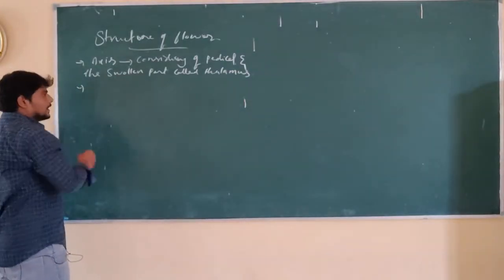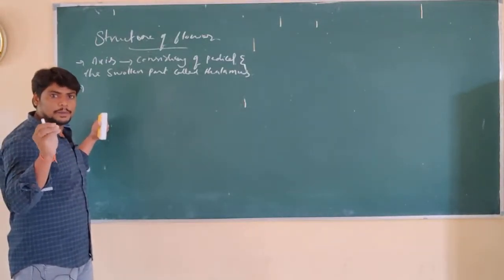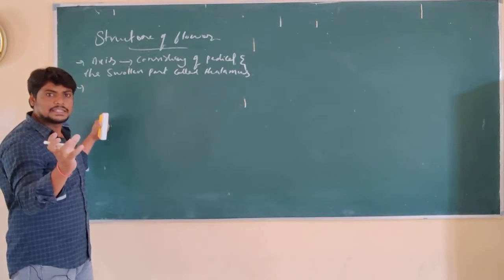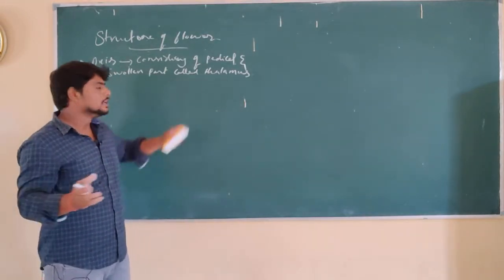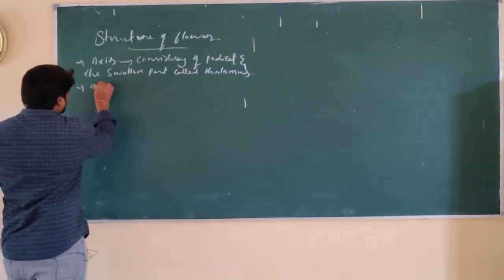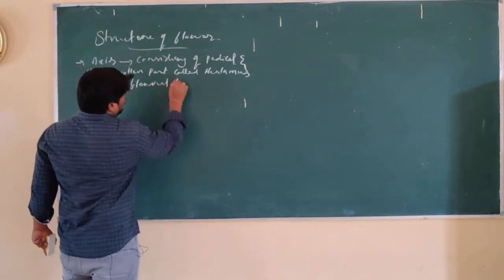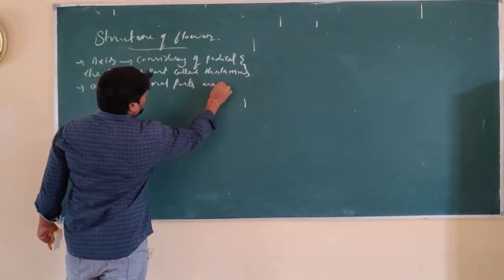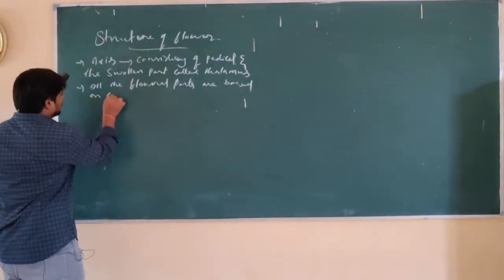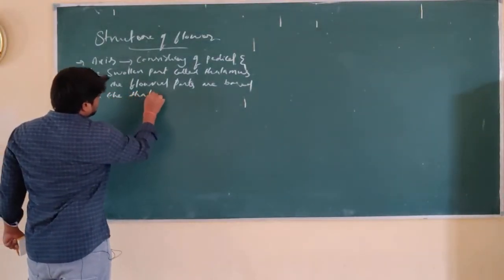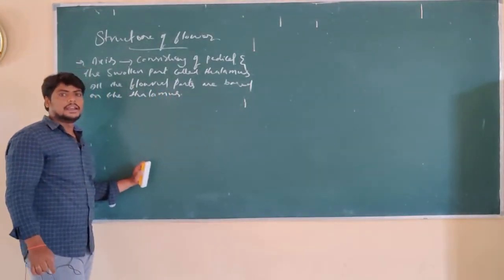If you observe a flower, all the floral parts are located on the swollen part called the thalamus.